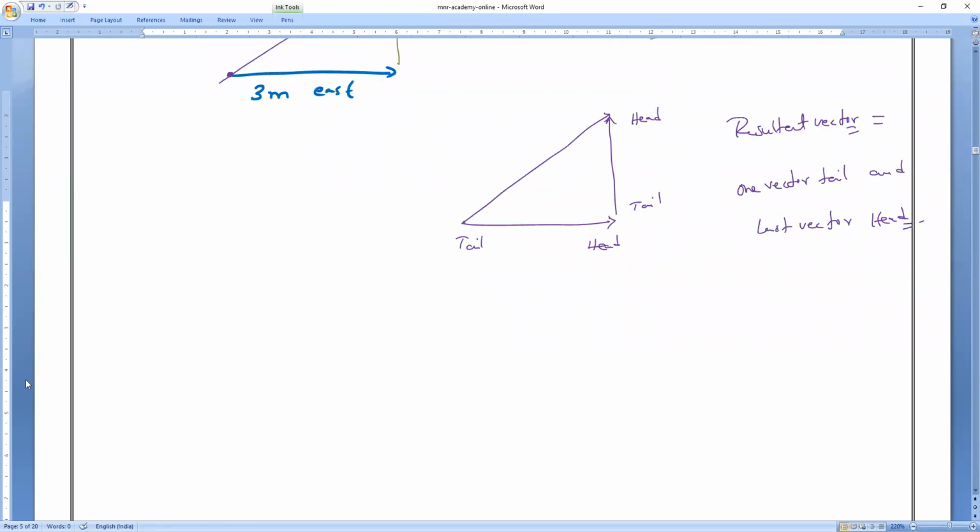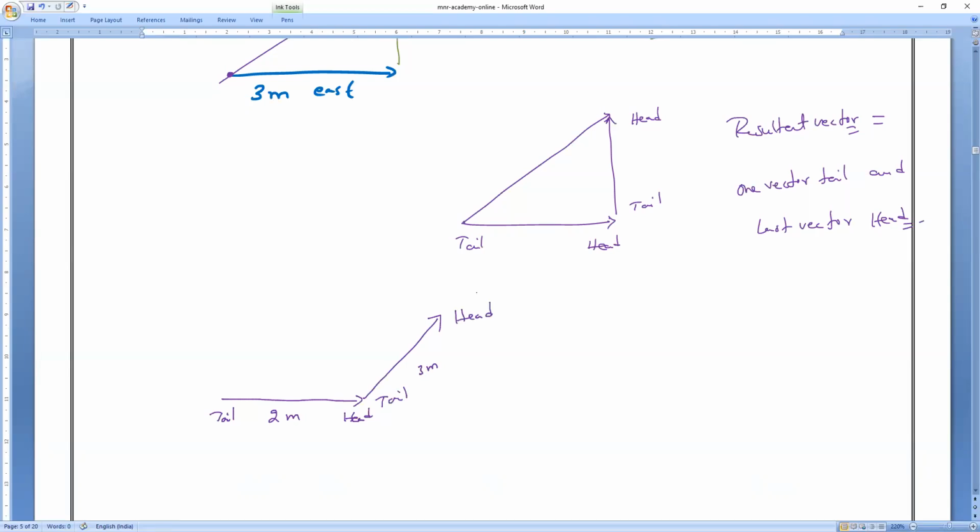Now, for example, all of you remember, you have to make head to tail and tail to head. So my first vector is, this is the tail, it is 2 meters, and this is the head. And the second vector is, let me take, this is 3 meters, this is the tail, and this is the head.